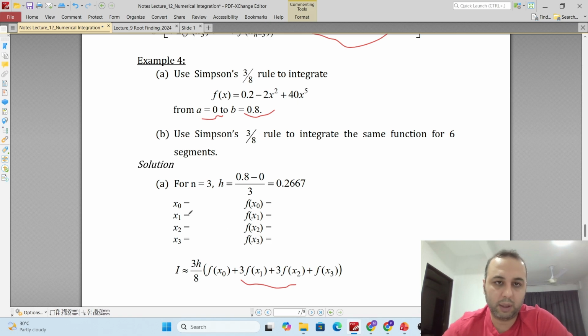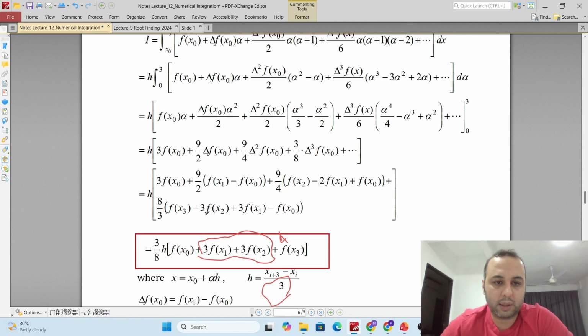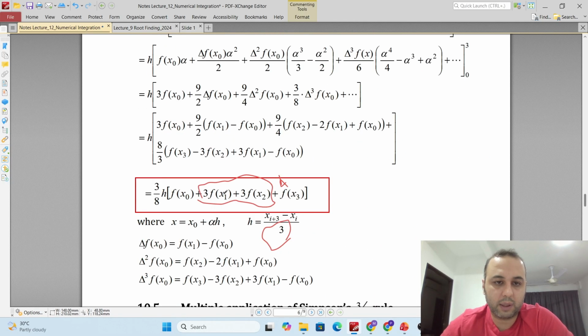Normal 3/8, I mean we need 4 points with the h of 0.26. How do we calculate h? We need n equal to 3, right, for 3/8. As you can see in the formula, we need x1, x2 and x3, right? x1, x2 and x3 means minimum 4 points.